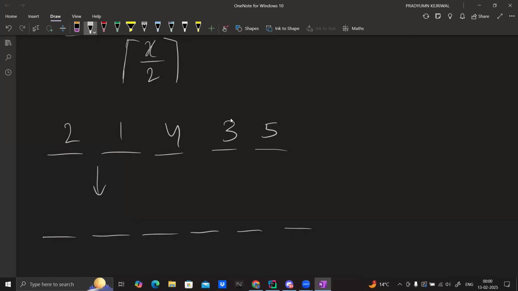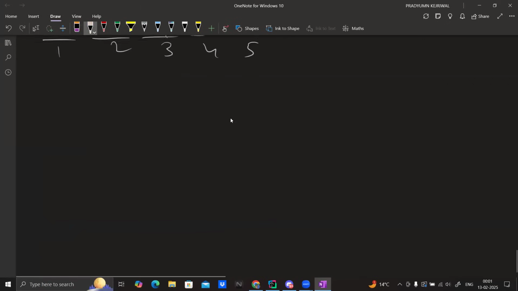One sat on 2, 2 sat on 1, 3 sat on 4, 4 sat on 3, and 5 sat on 5. Actually this is a very bad example because the array becomes the same. I'll take another example. My bad.